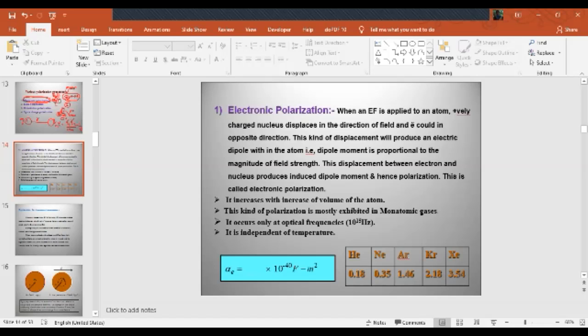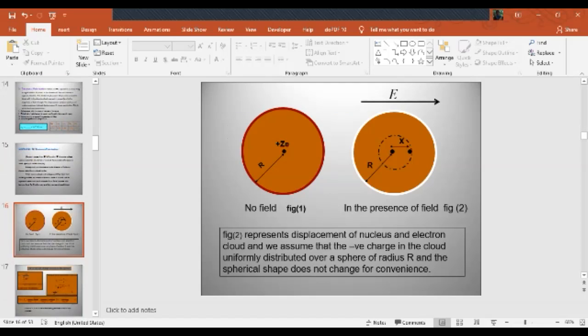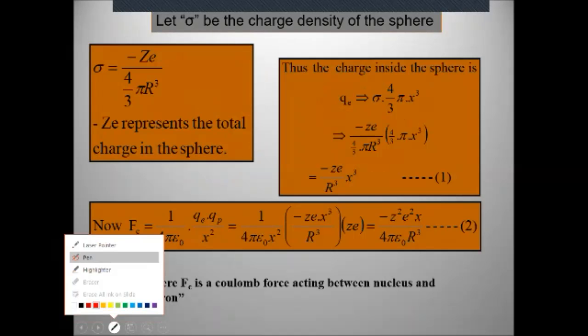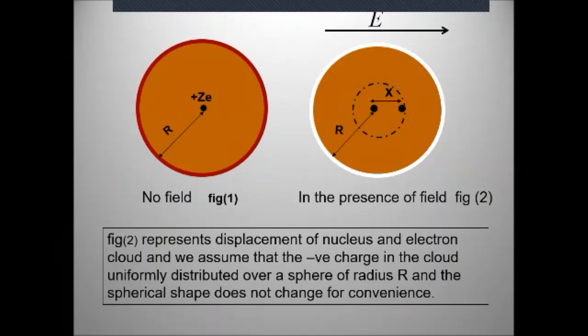Now see. Let us assume this is the positive charge and this is the electron cloud. When you place this atom in an electric field, this is the electric field direction.